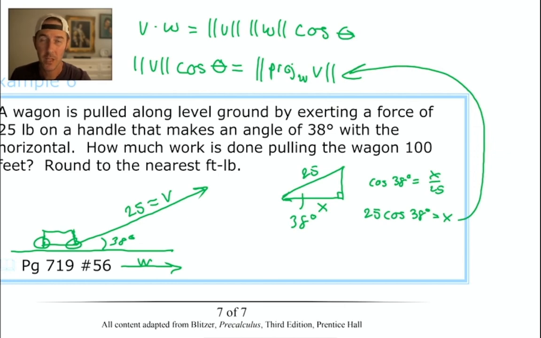That's what that looks like to me. So maybe magnitude of v cosine theta equals magnitude of the projection of v onto w. That could be the alternate dot product formula.